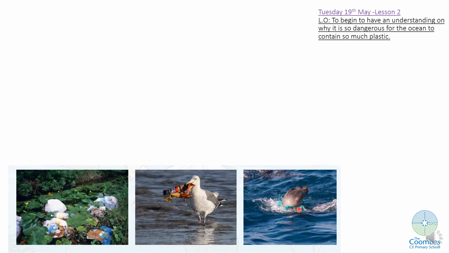This picture here is quite sad. I think it's a sea lion, and there is some rope that's made of plastic, and it has been left in the ocean, and this poor sea lion has got caught up in it. I think it would probably feel quite scared, and it's probably going to be hurting a little bit.